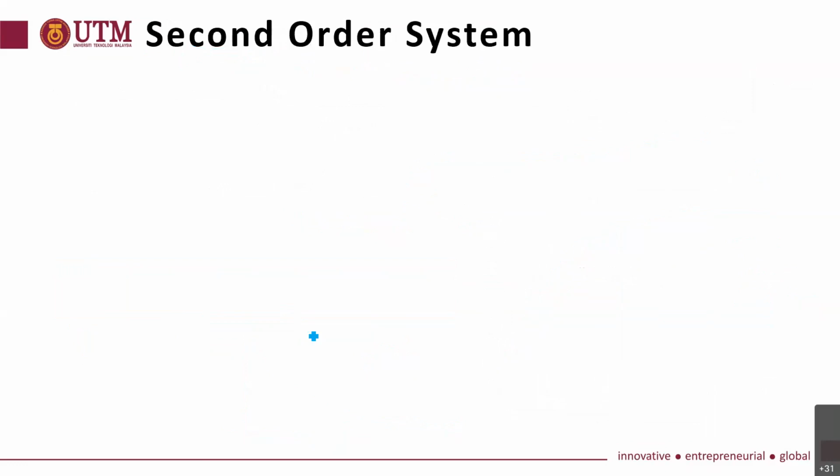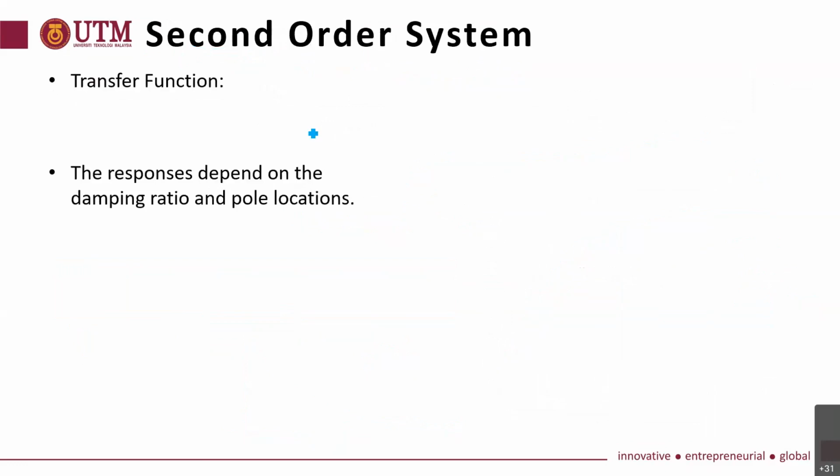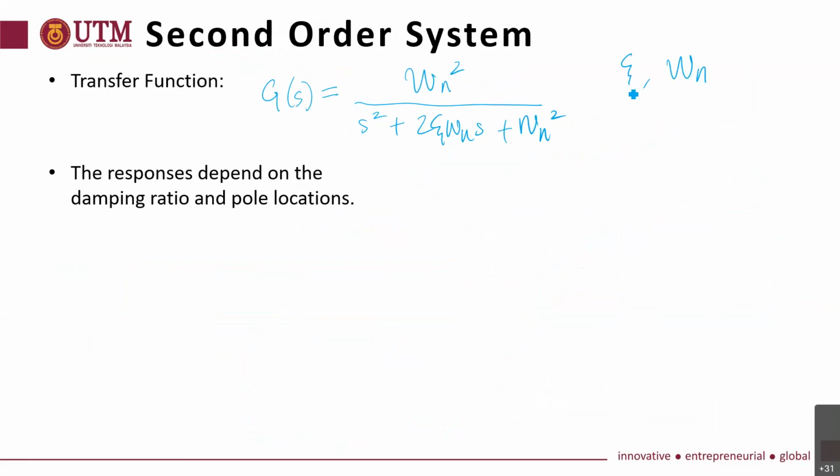Second order system is more complicated because we have two variables. In here, we have zeta and omega n. And we have damping ratio, we have natural frequency. Both determine the behavior of the system. By having zeta and omega n, we know the location of the pole.